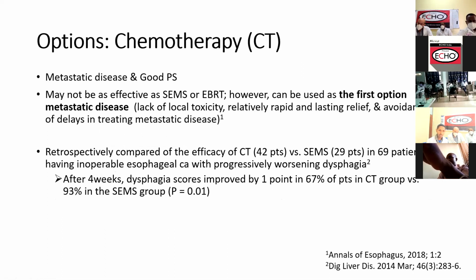The other option of oncologic management for palliation of dysphagia in esophageal cancer patients is chemotherapy. Usually, it is used in patients with metastatic or systemic disease, and those who have good performance status. Studies have shown that compared to self-expanding metallic stents or other modalities of treatment, it might not be as effective, but it can be used as the first line of treatment for the following reasons.